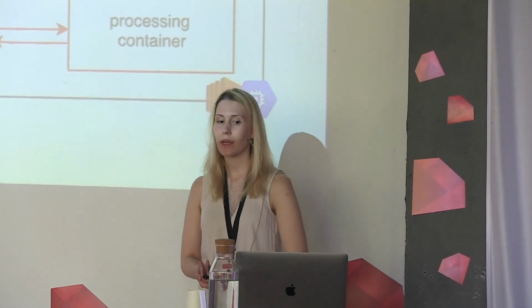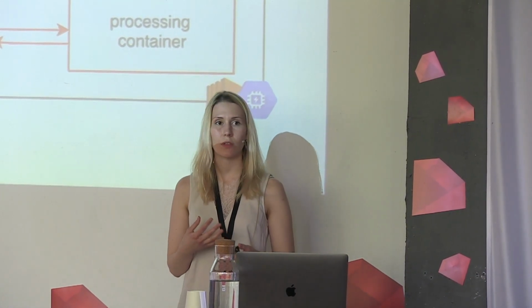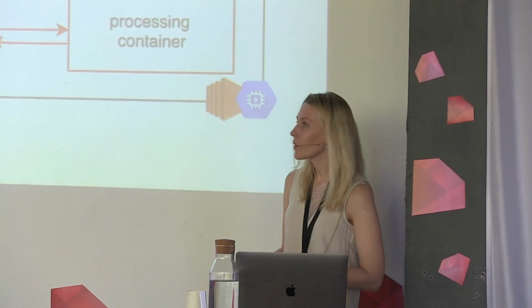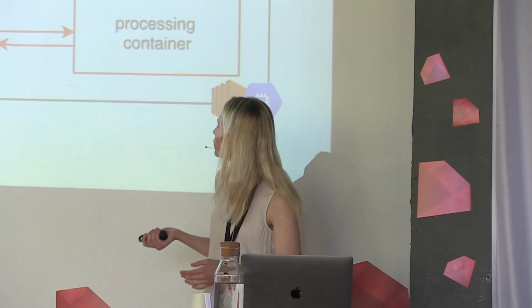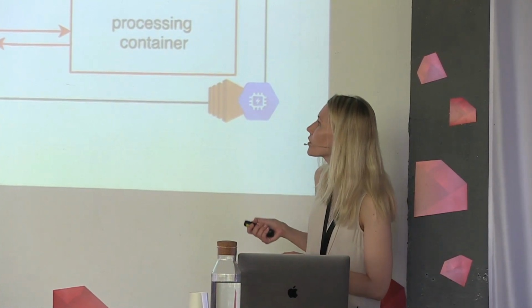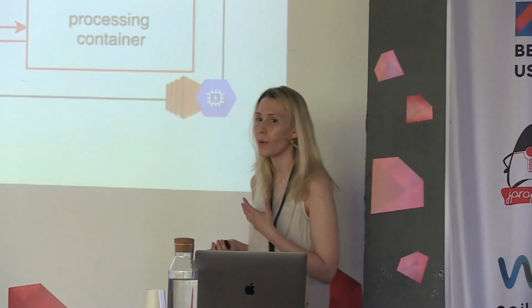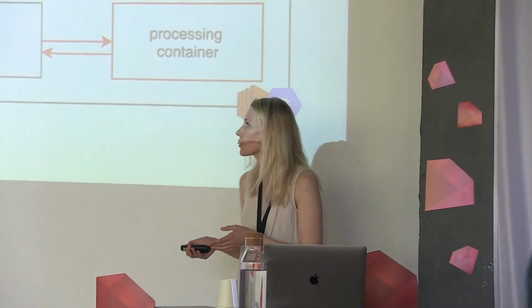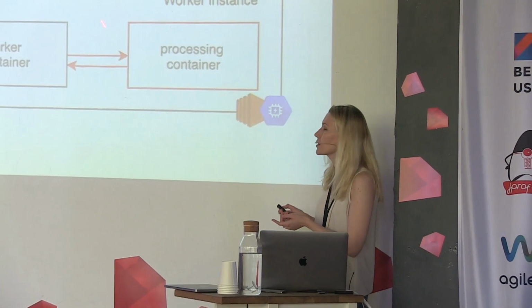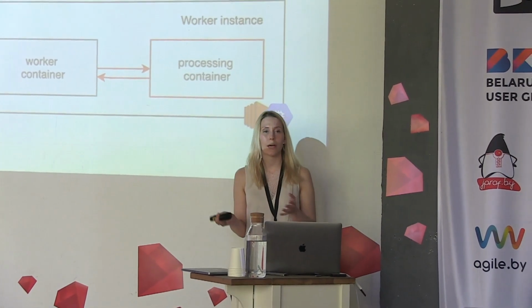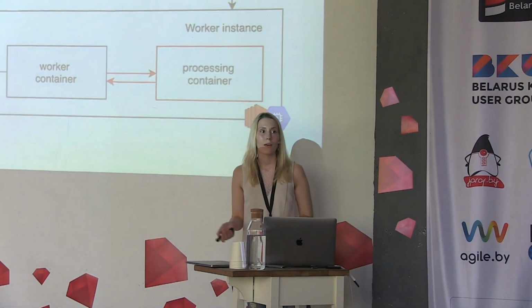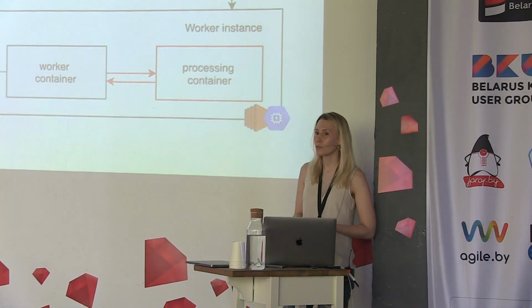I'm sorry, perhaps I wasn't as understandable as I wanted to be. In my case, the whole flow of the processing container is controlled by the worker container. I need somebody to take control over the processing, because otherwise I'll have just something uncontrollable on my instance, and I don't know what to do with it.